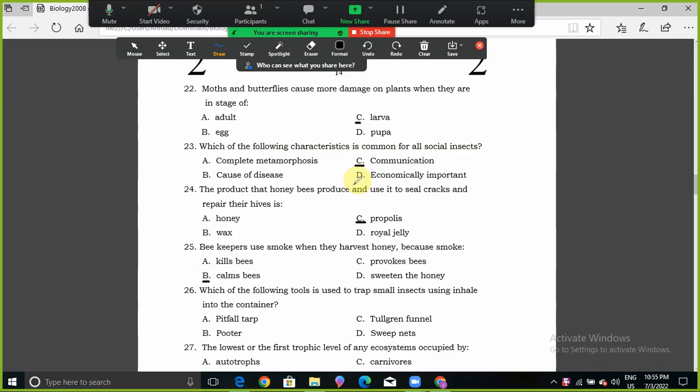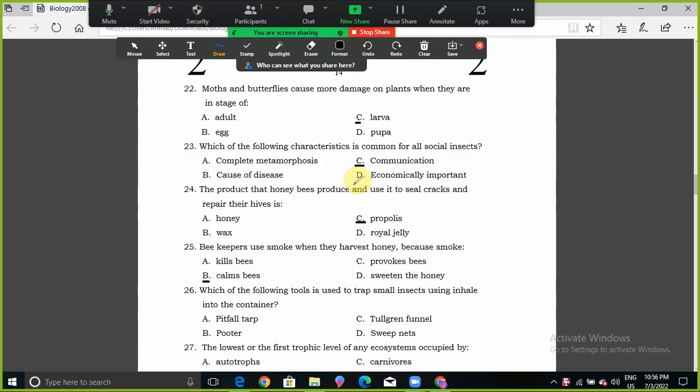Now question number 26. Which of the following tools is used to trap small insects by inhaling into the container? Pitfall trap, pooter, Tullgren funnel, or sweep nets. First of all, it says to trap small insects using inhale into the container.